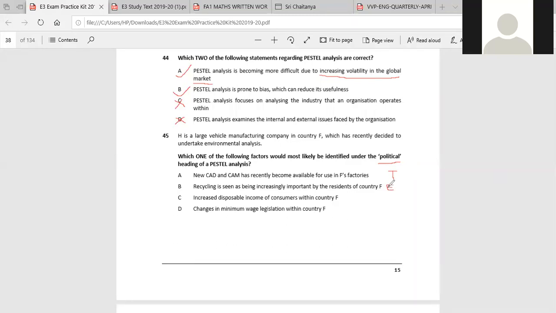Increased disposable income of consumers within country F. Increase in disposable income. Economic. That's right. The last one falls under political. So the answer is D.